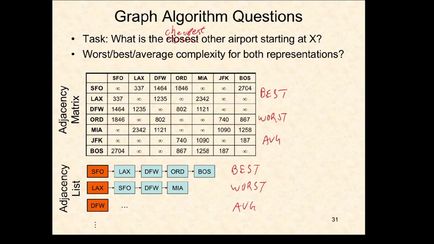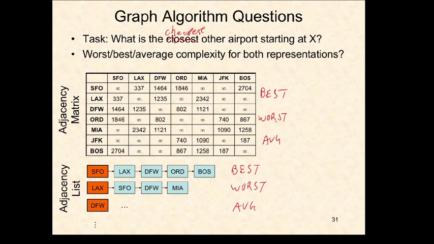Okay, so let's look at this problem. In the best case of the adjacency matrix, I go to the row, that's easy. Once I get to the row, I have to look at every value. So let's say I'm at Dallas-Fort Worth, DFW. I start at DFW, I have to check everything in there. I see 1464, that's the cheapest. Wait, 1235 is cheaper.